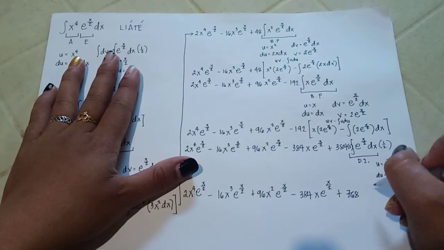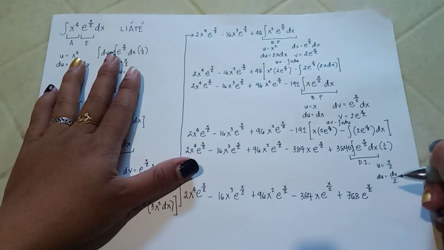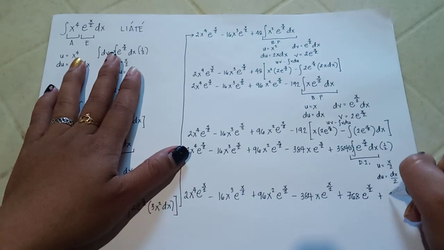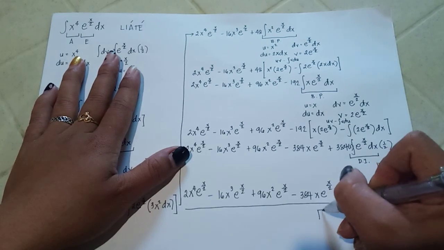Then e raised to u, that's e raised to x over 2, and that's it. You'll just have to add plus c, and this will be your final answer.